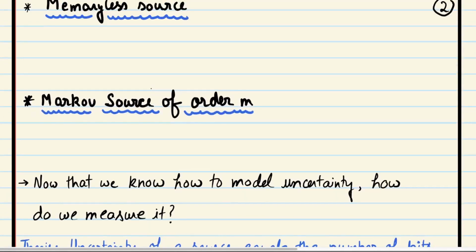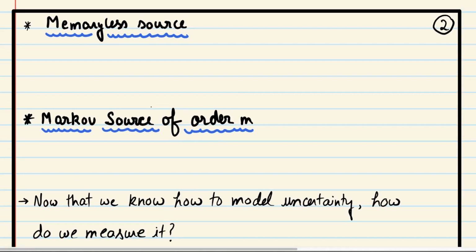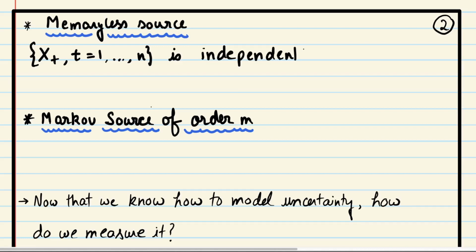In this course, we'll look at various classes of sources. For the most part, we'll look at what is called a memoryless source. A memoryless source is a very simple probabilistic model where we assume that the sequence Xt, t from 1 to n, comprises independent and identically distributed random variables.